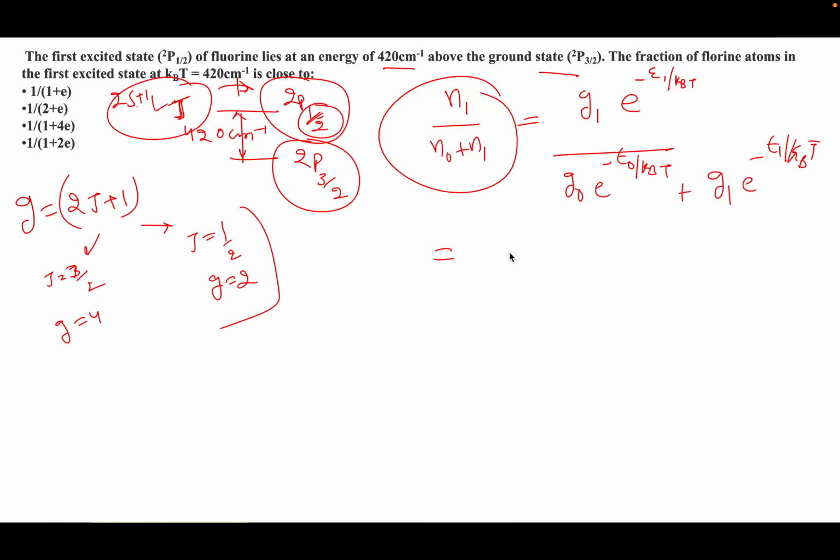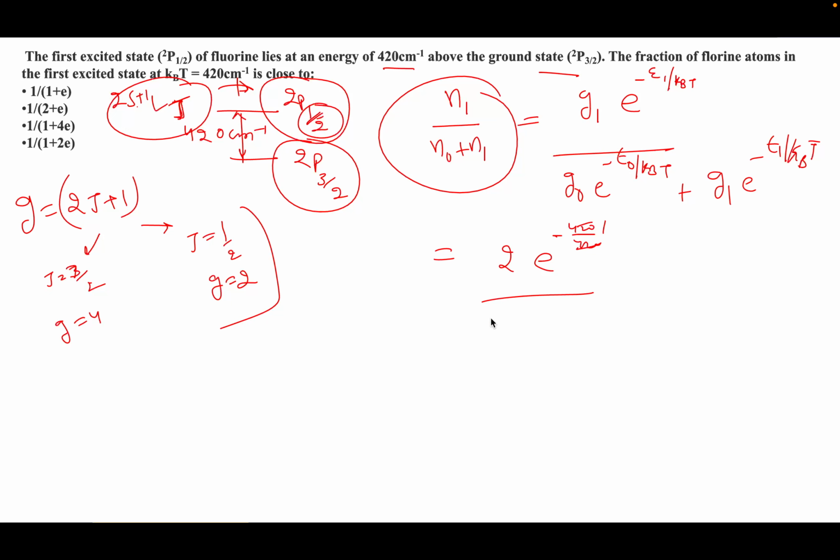So this is 2 e to the power minus E1 by kBT. E1 is given as 420, and kBT is also given as 420, so this is minus 420 by 420, which is 1, e to the power minus 1.